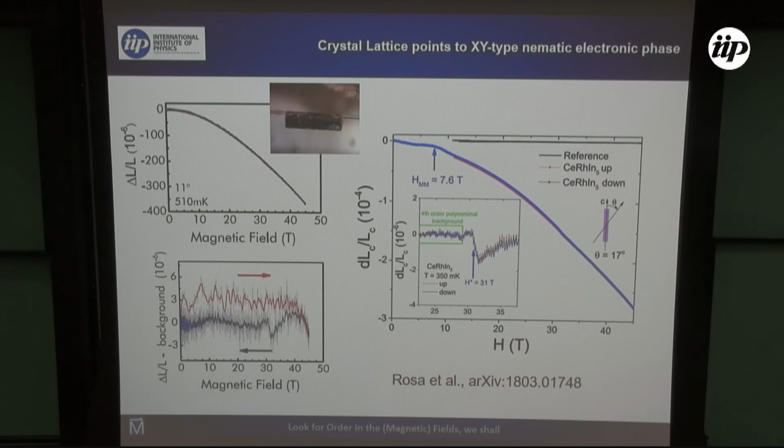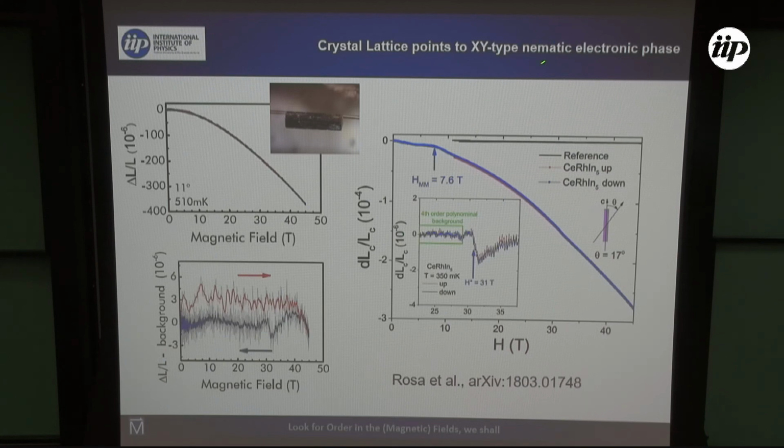These are quantum oscillations in the lattice parameter. So this essentially puts the ordering in the XY category. We expect that it's not an Ising type ordering that is triggered at 30 Tesla, because an Ising type order will have a much bigger effect in the lattice. If we didn't have this 10 to the minus 6 resolution, we would have never seen it.